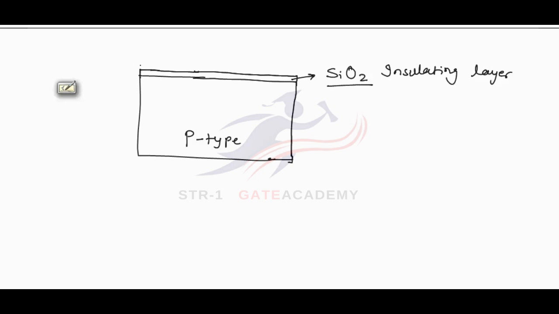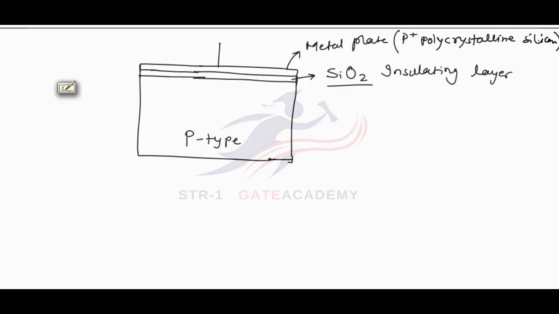And above this, a metal plate will be there. Nowadays in modern MOSFETs this metal plate is not used. Instead of this metal, P plus polycrystalline silicon is used. If it is an N-type substrate, then it will be N plus polycrystalline silicon.